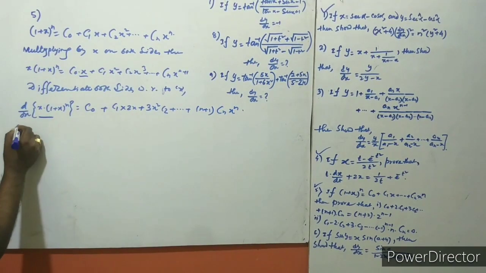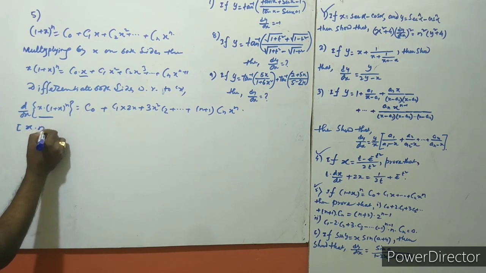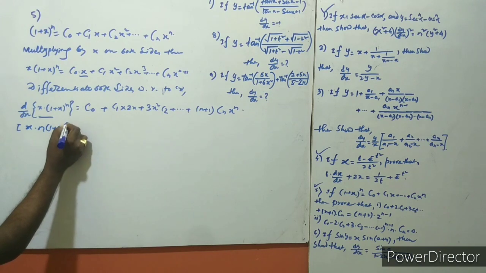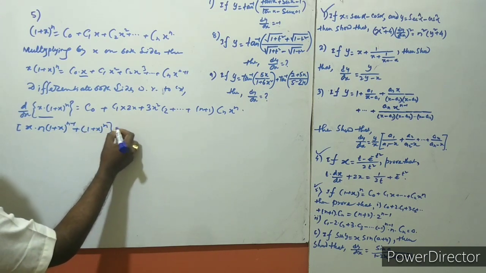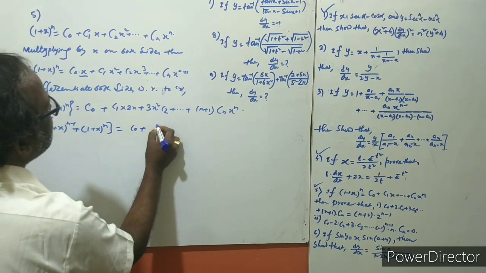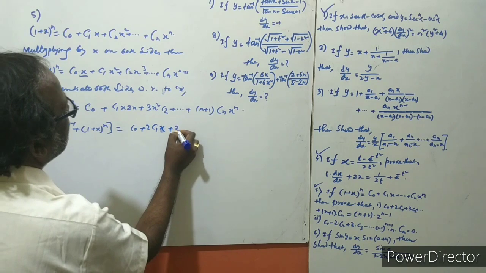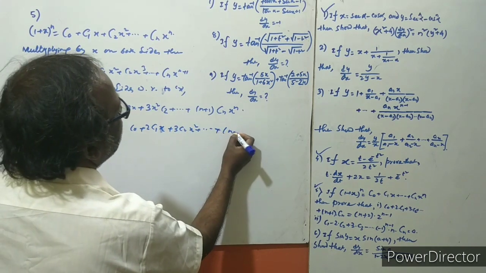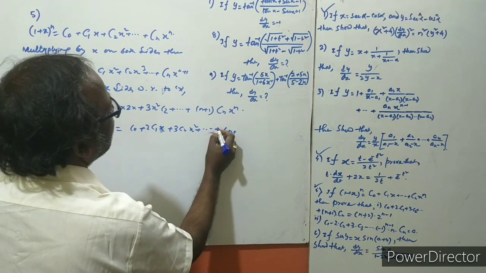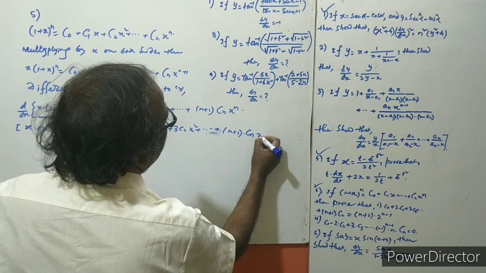And the derivative is as u into v, so x into d by dx of that, so n into 1 plus x whole to the power n minus 1, and 1 plus x whole to the power n here, equals c0, 2c1 into x, 3c2 into x square, then n plus 1 into cn and x to the power n.